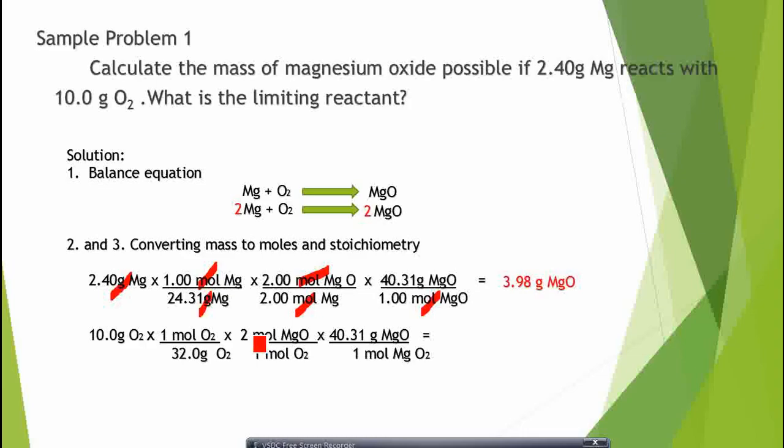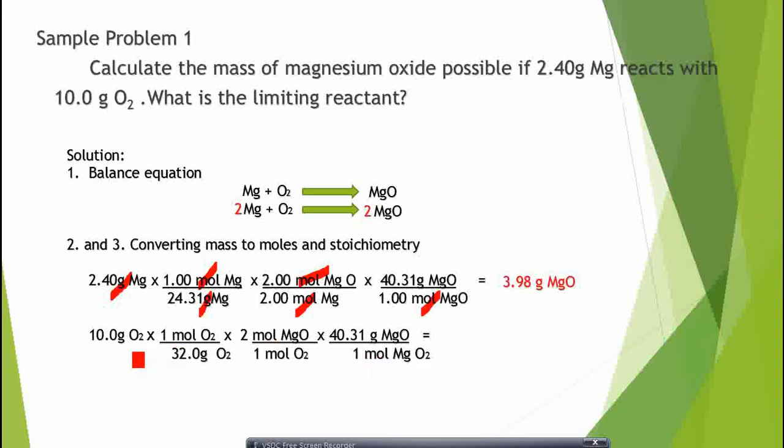The 2 moles of magnesium oxide is found in the balanced chemical equation, so we have 2 moles of magnesium oxide divided by 1 mole of oxygen, times 40.31 grams of magnesium oxide, the formula weight of magnesium oxide, divided by 1 mole of magnesium oxide.